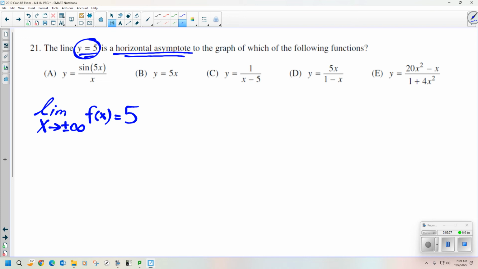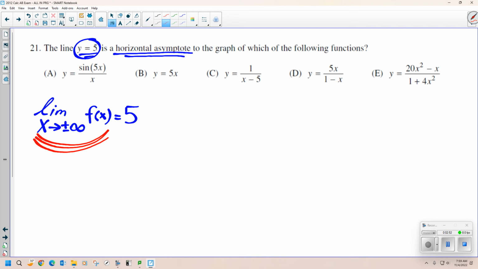Now, the second thing we need to know is, how do we handle a function when we take the limit of it as x goes to positive or negative infinity? That is the nature of the problem. Well, if you don't have a fraction, you just plug in infinity and evaluate: it's either going to go up forever, go down forever, or approach 0.